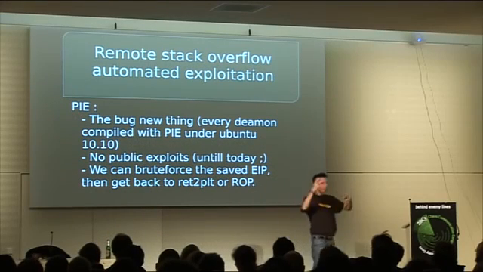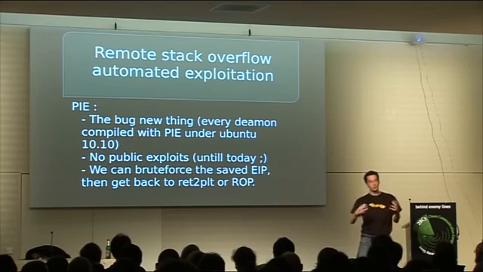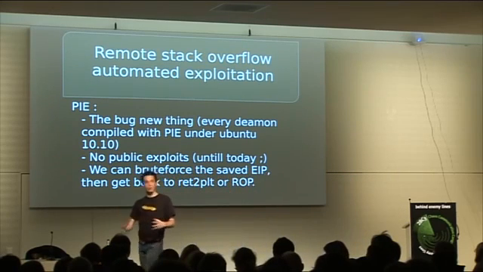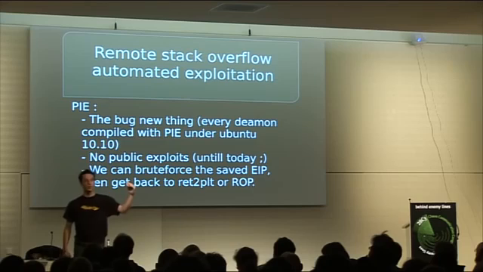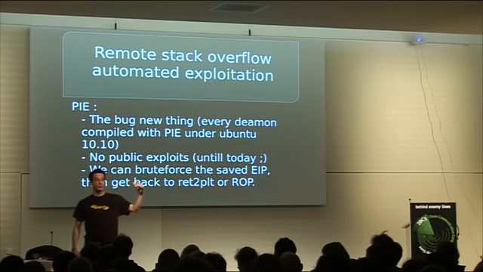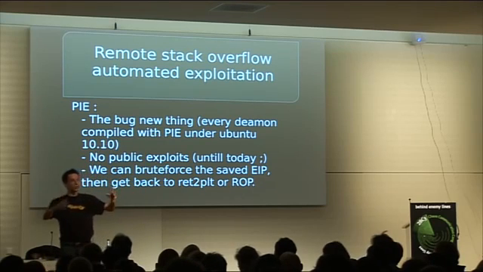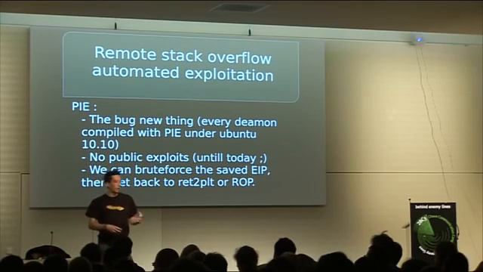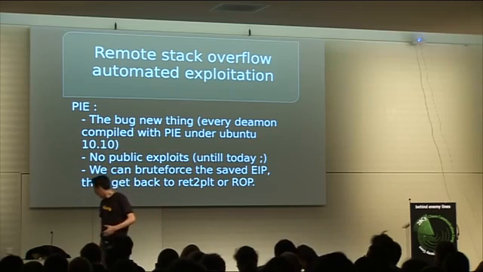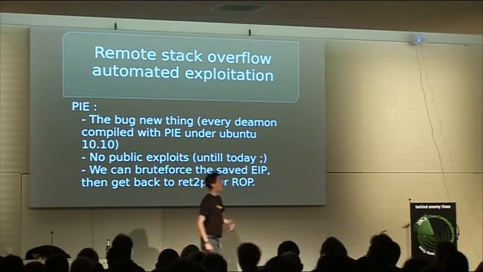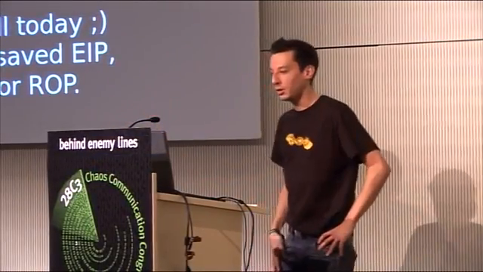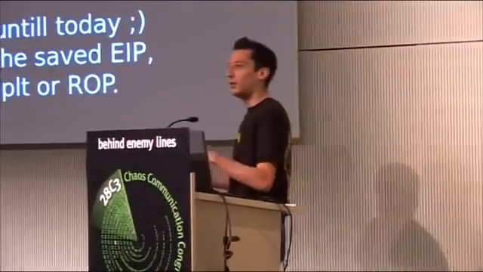Meaning your shared libraries may be randomized, your heap and your stack are going to be randomized, but because at compile time the compiler is assuming that the base address of the main binary is going to be static, it's going to hardcode all the references to other sections, like data sections, BSS sections, any internal section in the binary. And therefore, you cannot change the base address of the main executable, which is pretty bad.